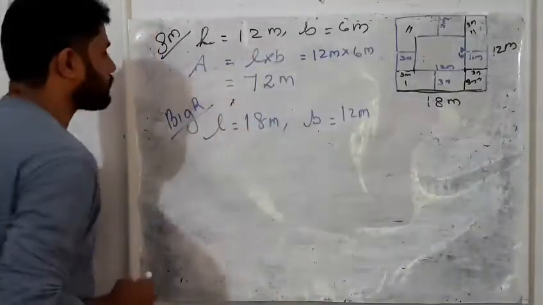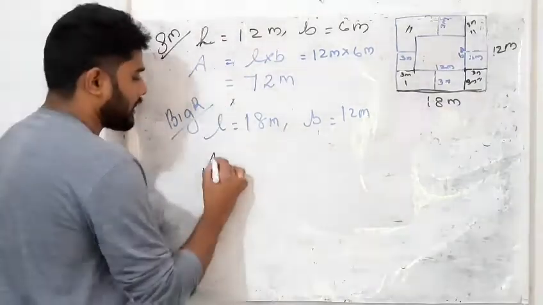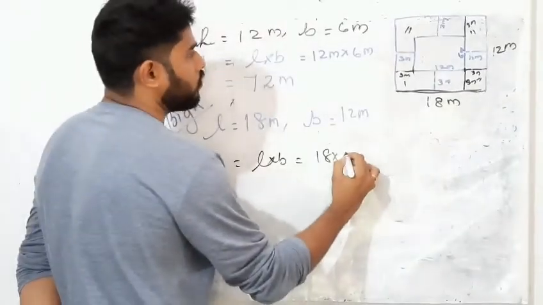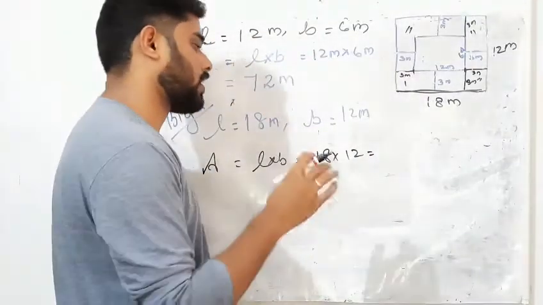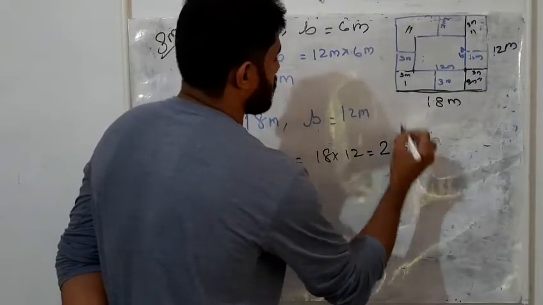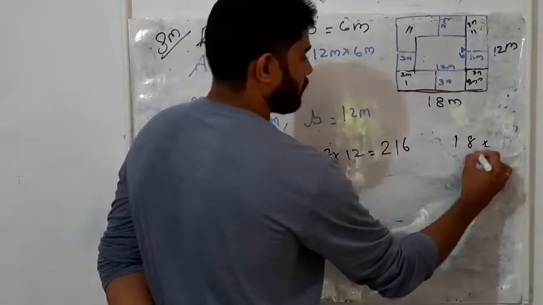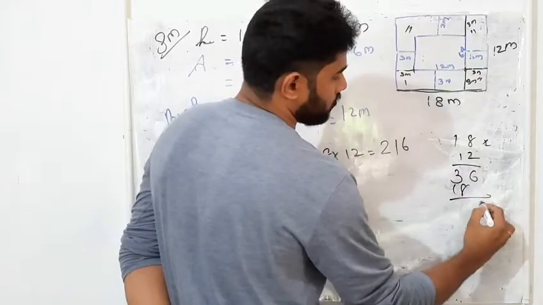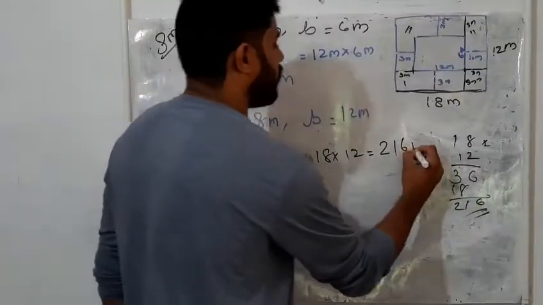And 18 into 12. This big rectangle area is equal to length into breadth, which is 18 into 12. 18 into 10 is 180, 18 into 2 is 36, 180 plus 36 is 216. 216 meter square.